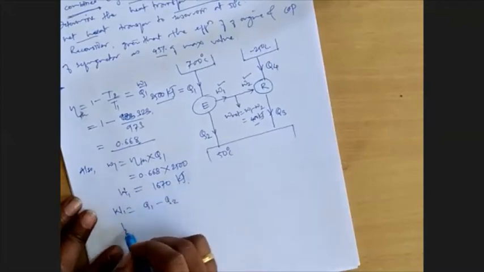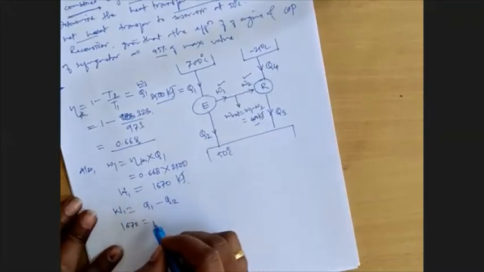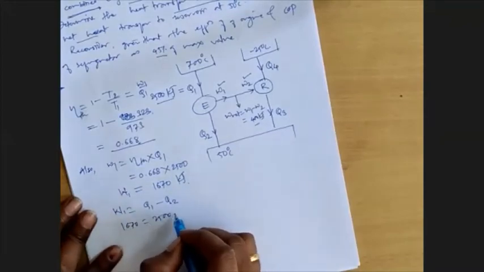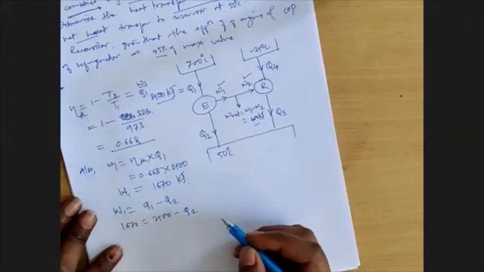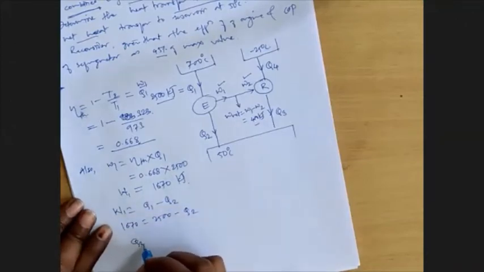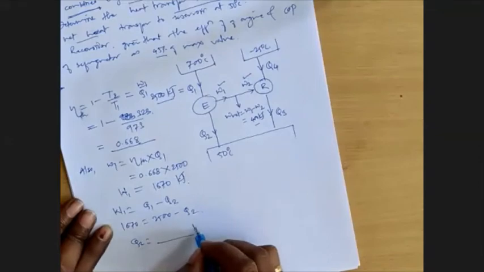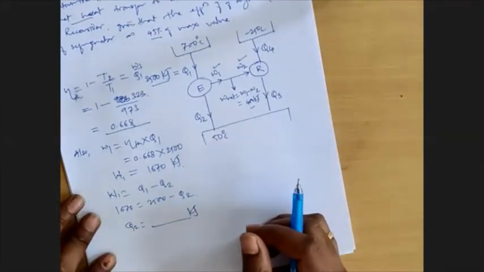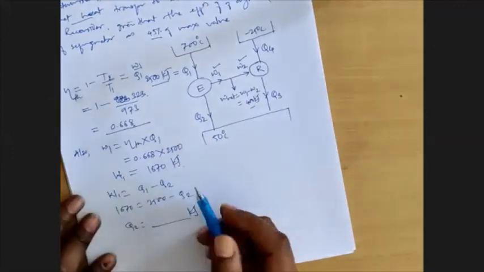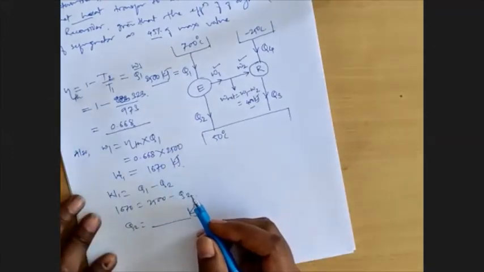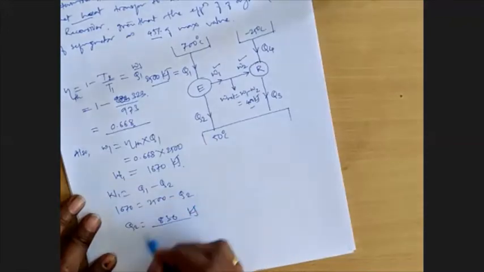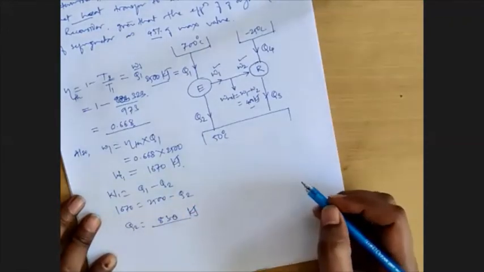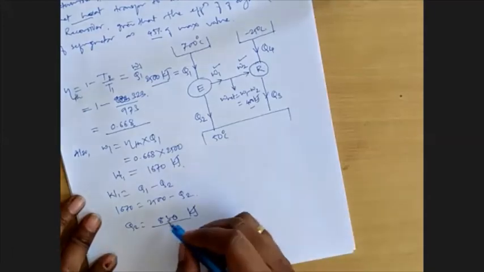And 1760 is equal to 2500 minus Q2. So that way Q2 is equal to 830 kilojoules. Okay. So now we have got Q2.